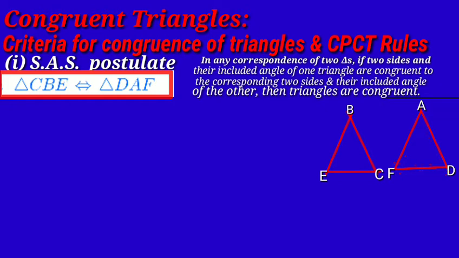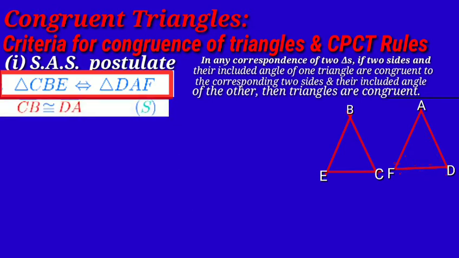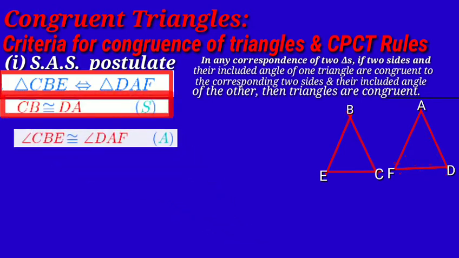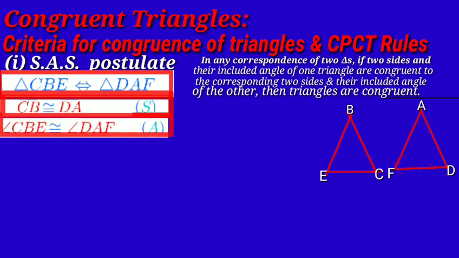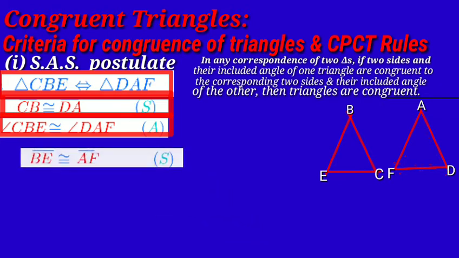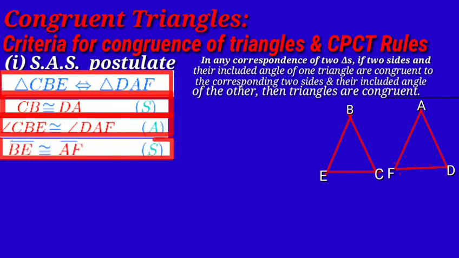Here the 3 pairs make the two triangles congruent. Pair one, CB congruent to DA; second pair, angle B congruent to angle A; third pair, side BE congruent to side AF.